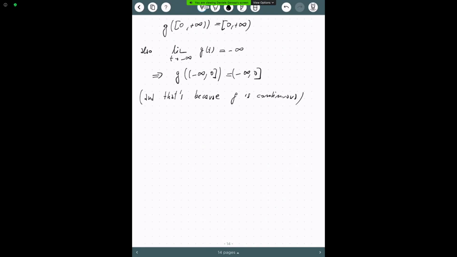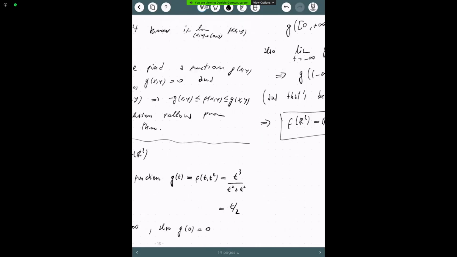Well, you put these things together, and then you get that literally f of R² is equal to R, which is the whole straight line. That's because you found a sub-function, the one that we call g, where we have this property. So the conclusion is that the image is the whole straight line.